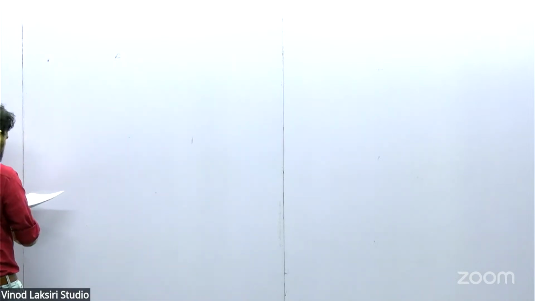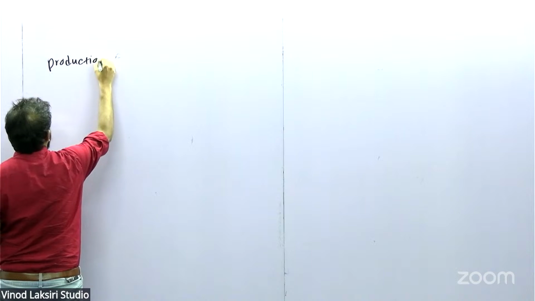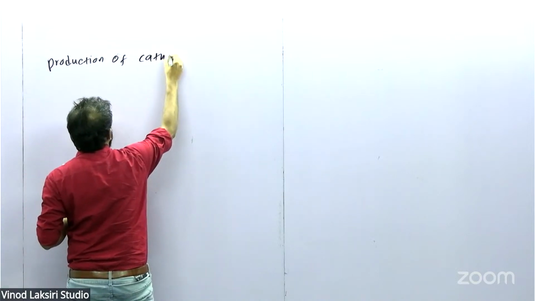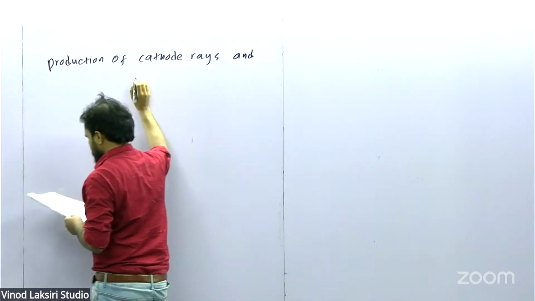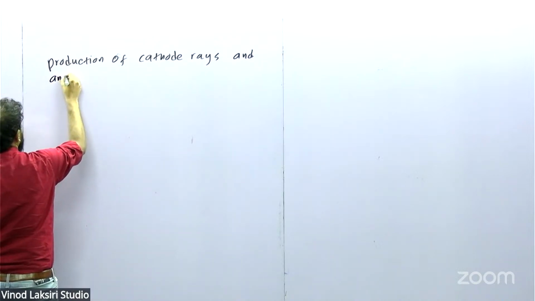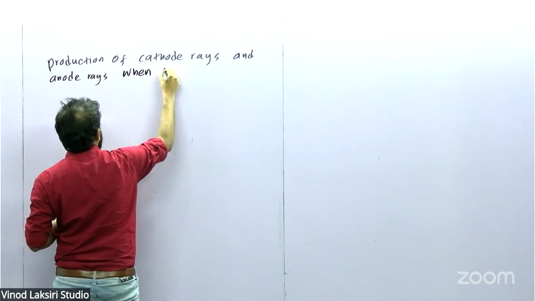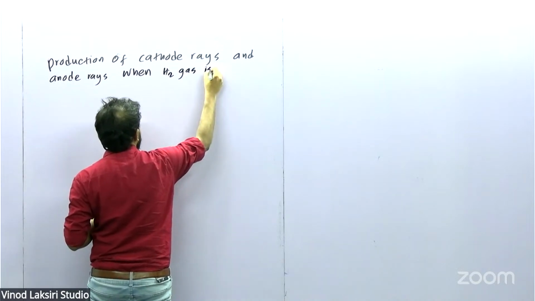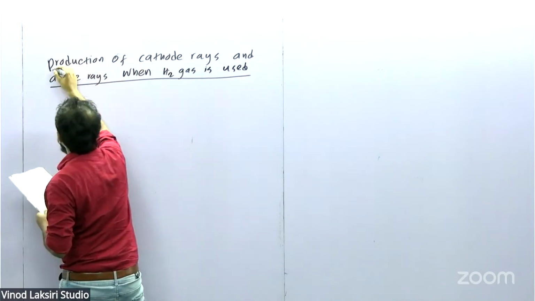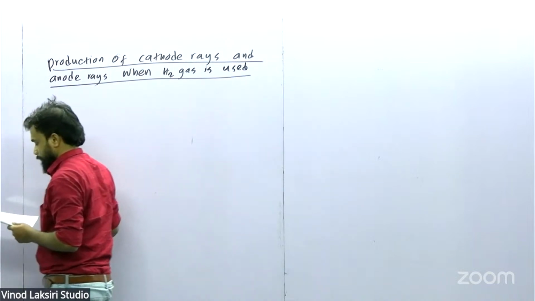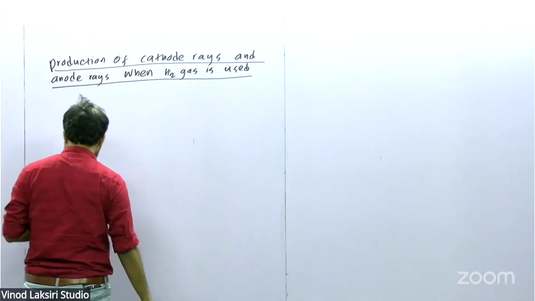Write down: production of cathode rays and anode rays when H2 gas is used.